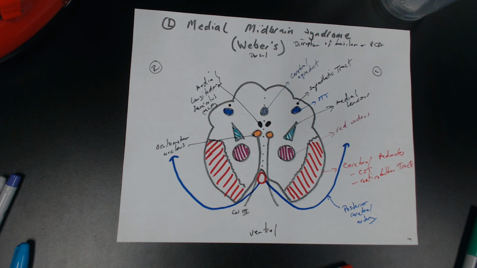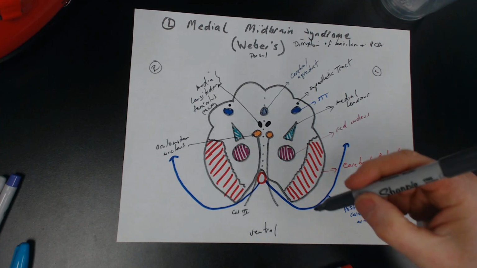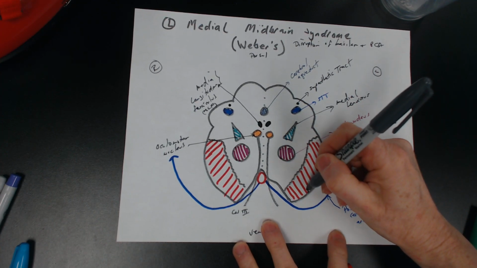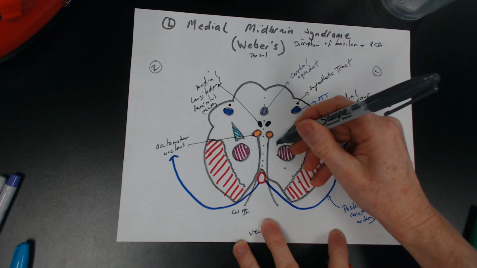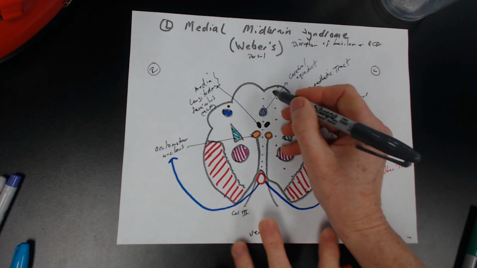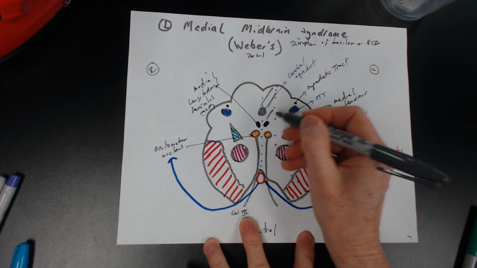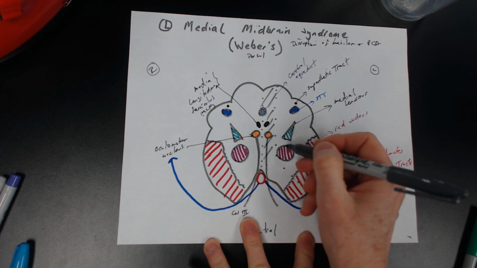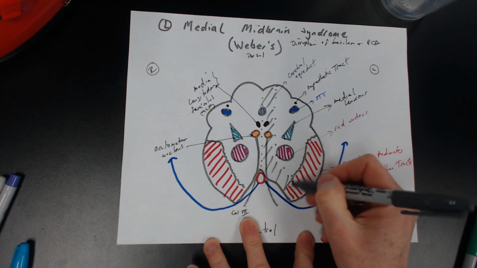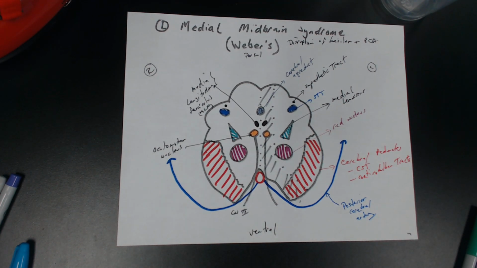And the area that the PCA and basilar artery supplies is going to be here. All this stuff in the middle is going to be affected. Cerebral aqueduct isn't affected, but you're going to have all that area be affected in Weber's syndrome.